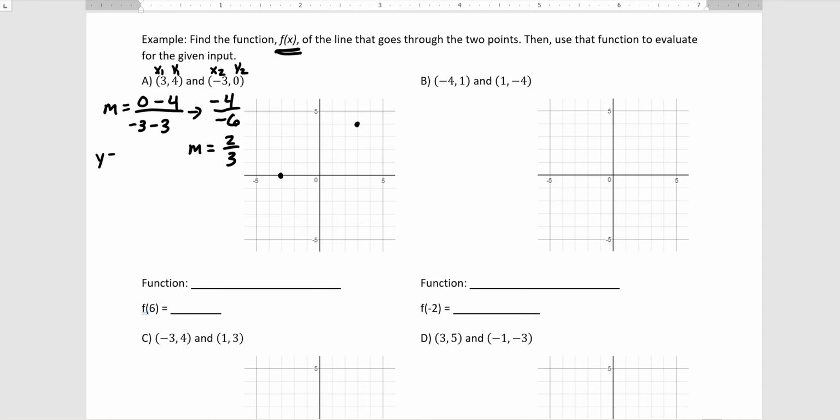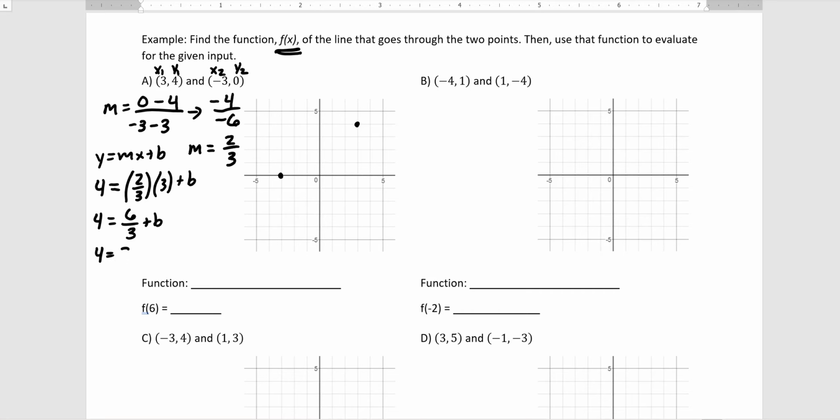Now using y equals mx plus b, I can say y, 4, equals m, 2/3, times x, 3, plus b. So 4 equals, let's see, 2 times 3 is 6, so this will be 6 over 3, which is just 2.